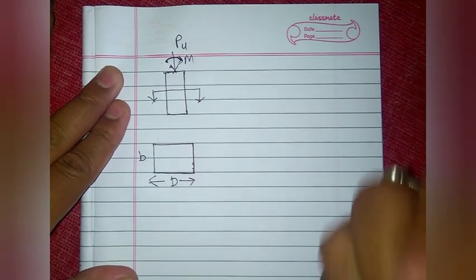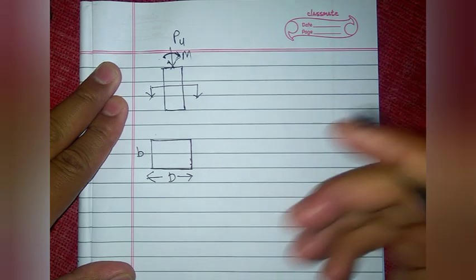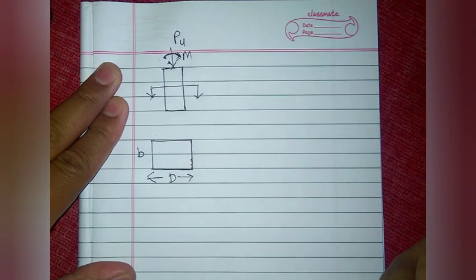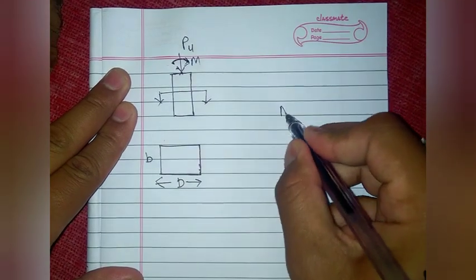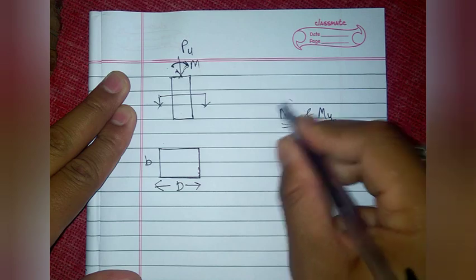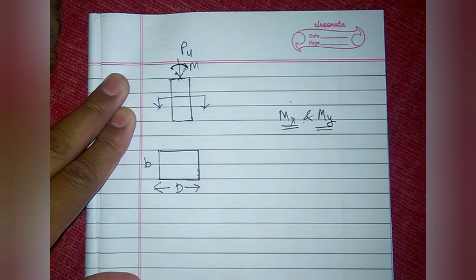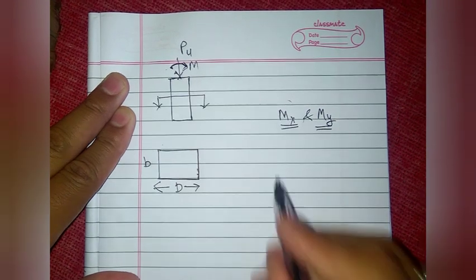So the first thing we need to understand here is what we use to say, Mx and My, moment in x or moment in y. What does it exactly mean?